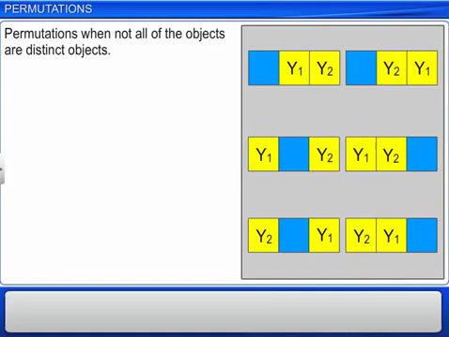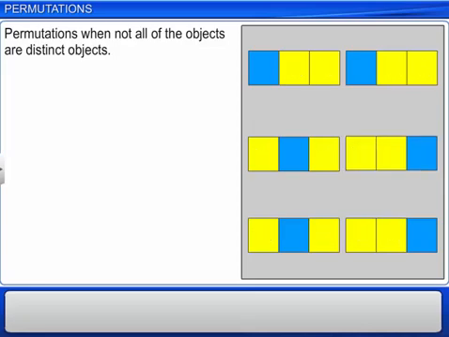There are 6 permutations. Now, if you remove the marks on the tiles, you will observe that 2 of the 6 possible arrangements coincide with each other. You will also observe that there are 3 similar-looking pairs. In the permutation, each arrangement repeats twice.